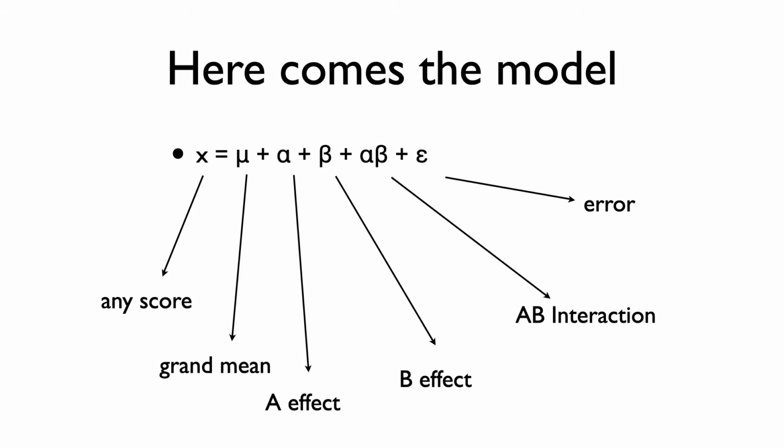The only new thing in there is this alpha beta term. We have 2 what are called main effects, A and B, or in our case, A is levels of processing and B is retention interval. And we have error still. We just have this one extra thing, alpha beta, which is the interaction. It's A and B coming together.